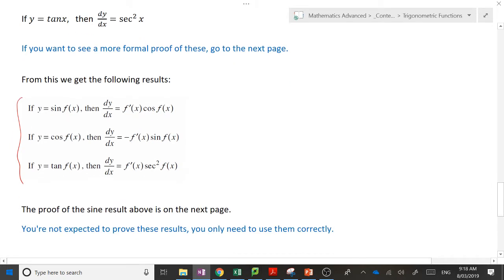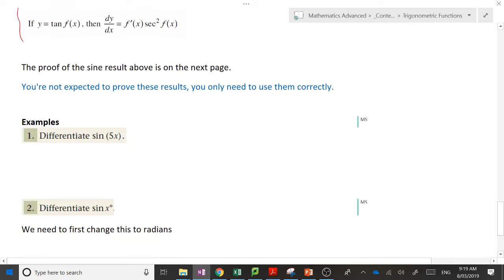Just like when we differentiated log, we had to differentiate what was inside the brackets. We're basically going to use the chain rule to do most of these. We differentiate what's in f of x, that comes out the front, and then we write sine of the function or cos of the function, etc. So for example, if I was to differentiate sine 5x, if f of x equals 5x, then f dash of x equals 5.